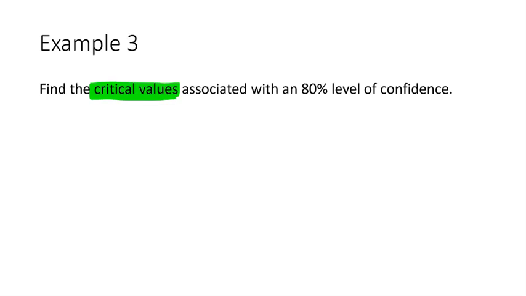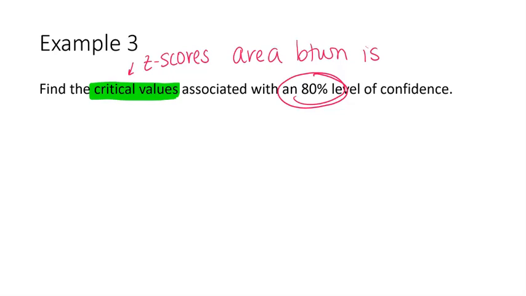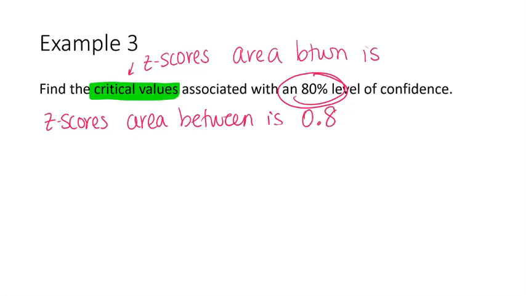Now, the critical values are asking you for the z-scores such that the area between them is my level of confidence. So I'm looking for z-scores so that the area between them is 80%, or in this case, 0.8.